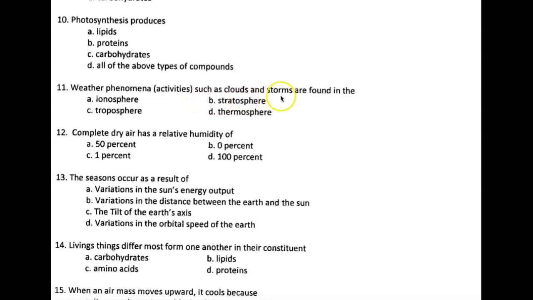Activities such as clouds and storms are found in which part of the atmosphere? Is it the ionosphere, the stratosphere, the troposphere, or the thermosphere? It is the troposphere, young people. All aspects of weather, everything that occurs in the atmosphere, storms, tornadoes, hurricanes, all that happens in the troposphere.